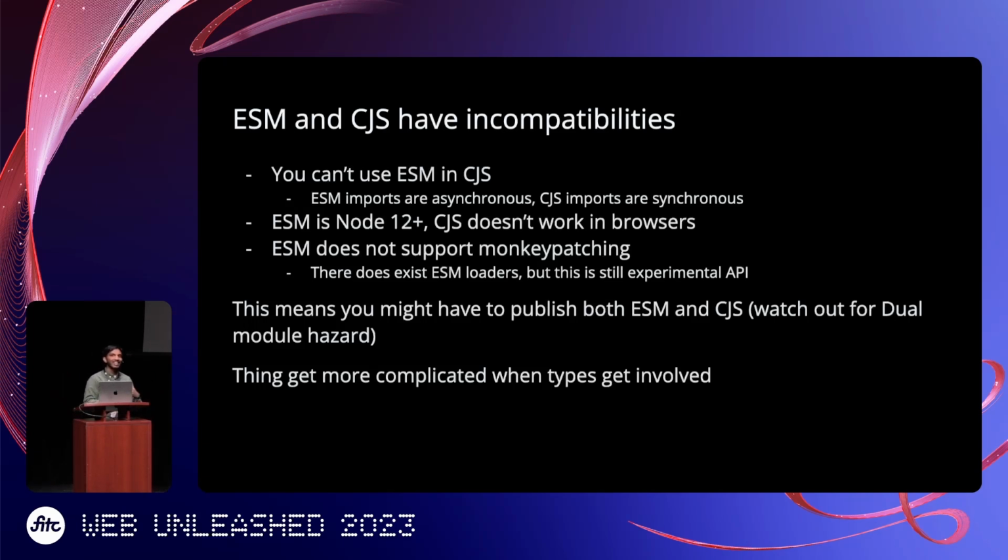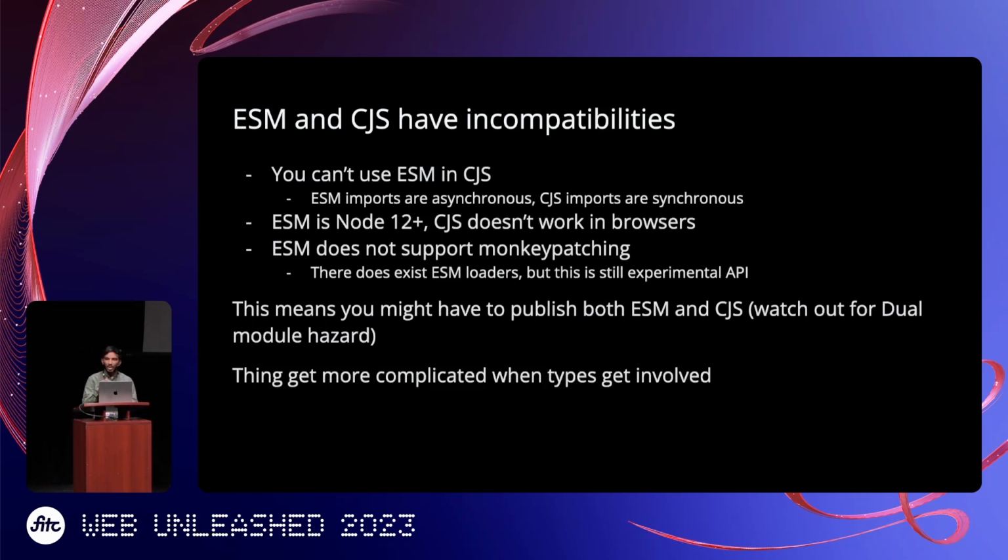But the gist of it is that if you publish both, users might accidentally use both, and then there's an ESM version of your package and a CJS version of your package floating around in node_modules world, and it sucks. But generally, emitting both is a good strategy to maximize backwards compatibility and make sure as many people as possible can use your library.